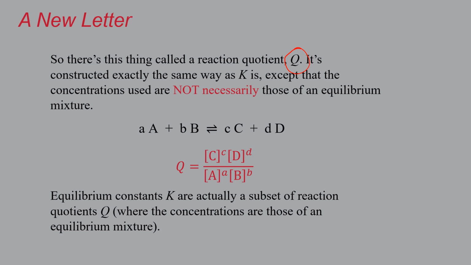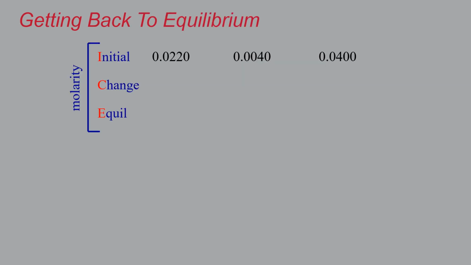So we talked about this thing getting back to equilibrium. Let's get some more ice table practice and see how that would work. All right, so let's get this going here. For the initial conditions, which are not equilibrated, I just have the concentrations that I calculated after the addition of the extra PCl3.